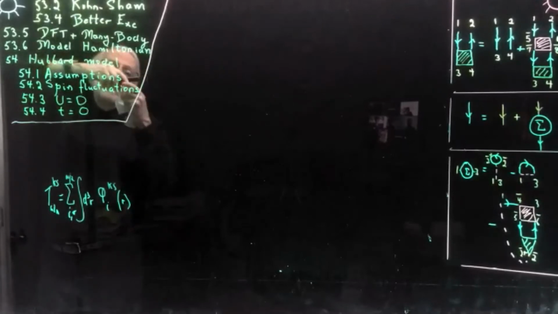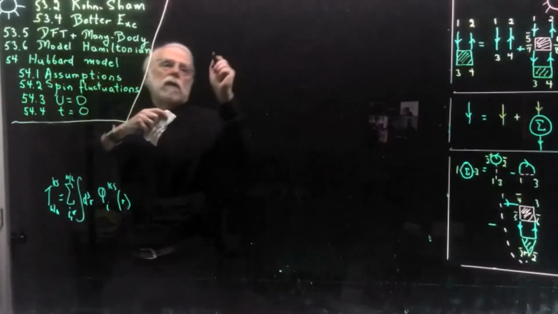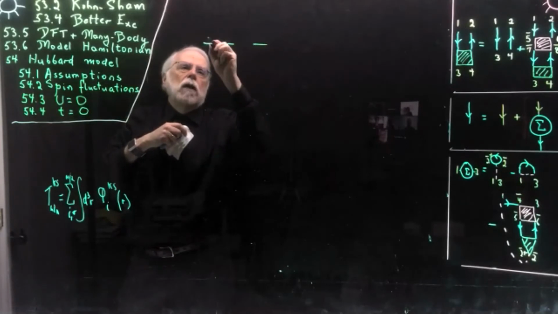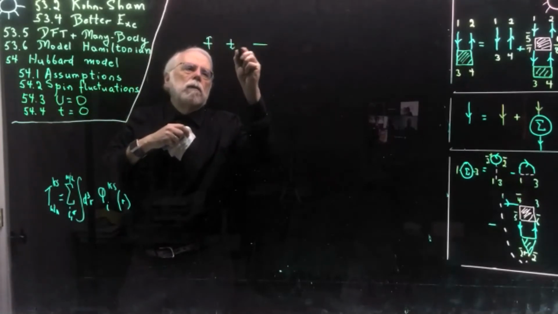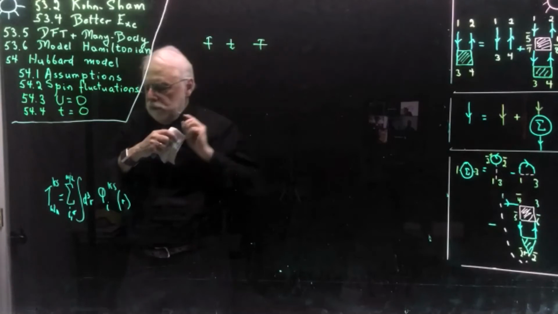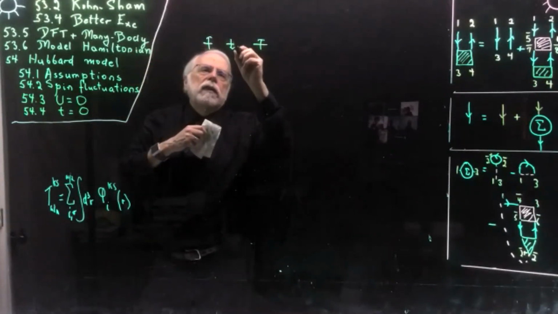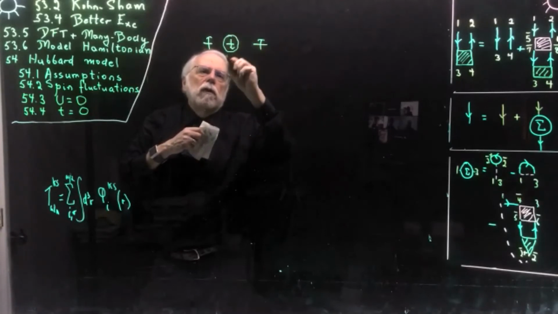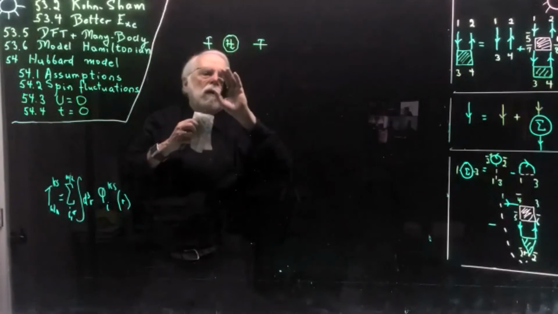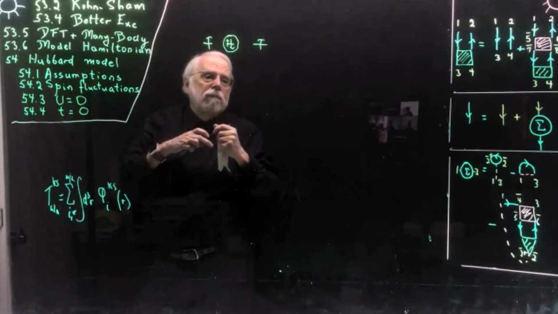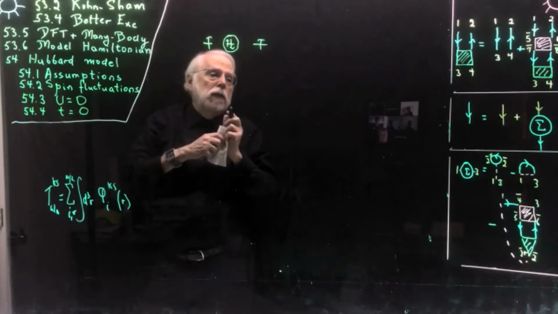In other words, if you think of a half-filled band, a half-filled band has on average one electron per site, right? If you are in this situation and there's very strong repulsion for two electrons being on the same atomic level, at some point it will jam, it won't move. And that's called a Mott insulator.